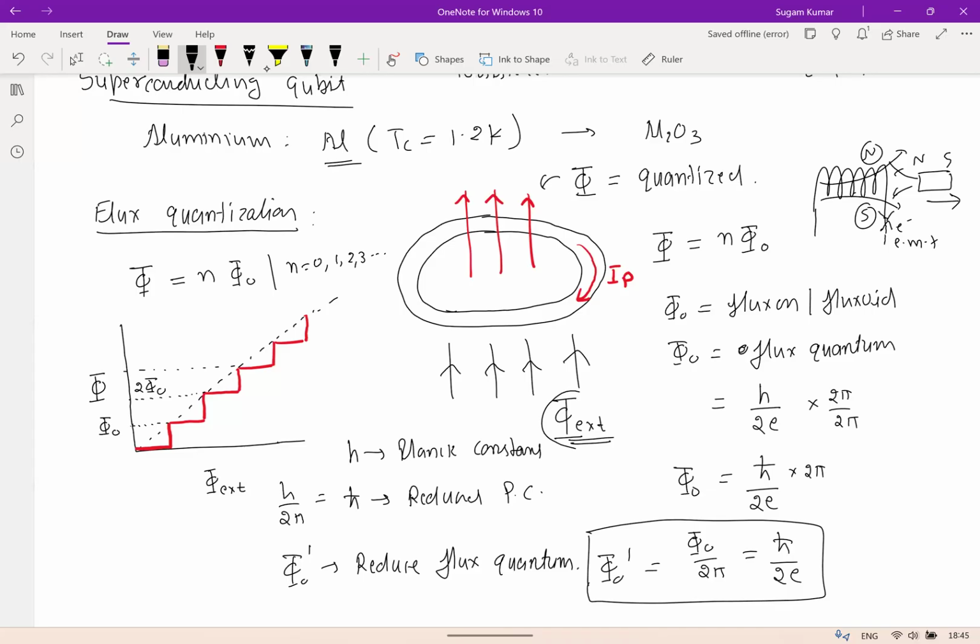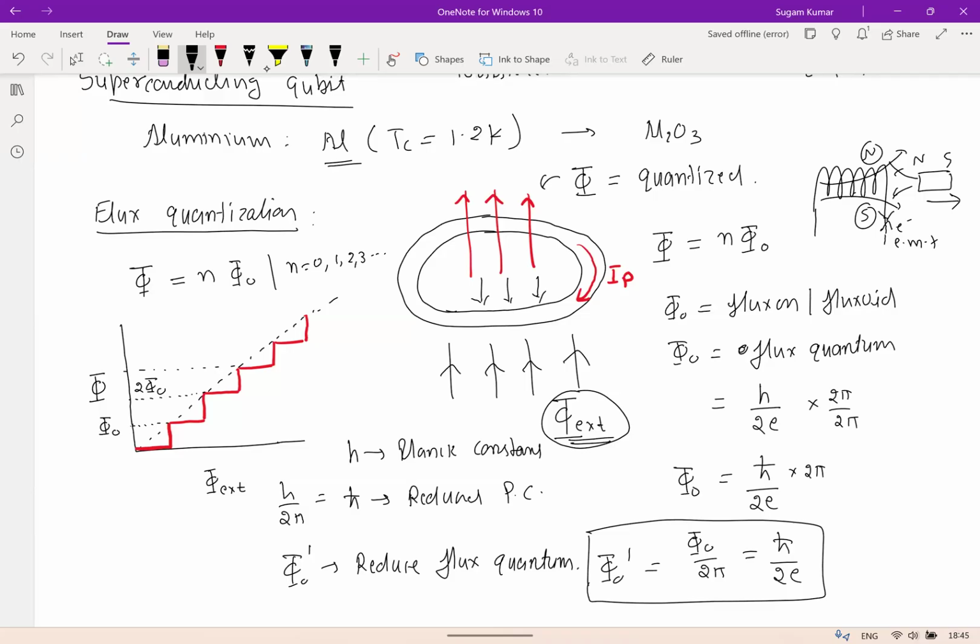So when you try to apply a flux here, this flux is passing through the loop. So here, again, Lenz's law applies. So in order to cancel this flux, a current is going to flow on the surface, and this current direction will be such that one kind of flux is produced. Okay, and this flux is going to cancel this flux.